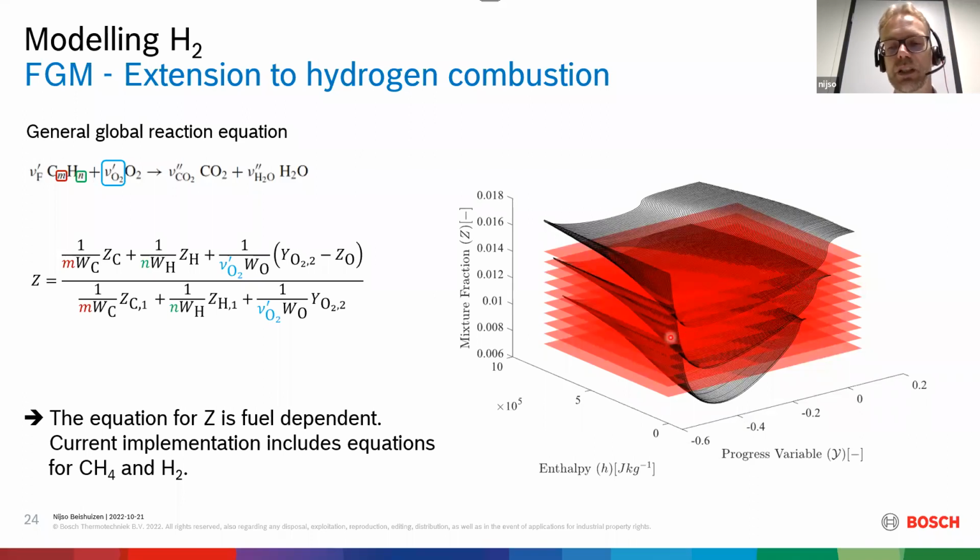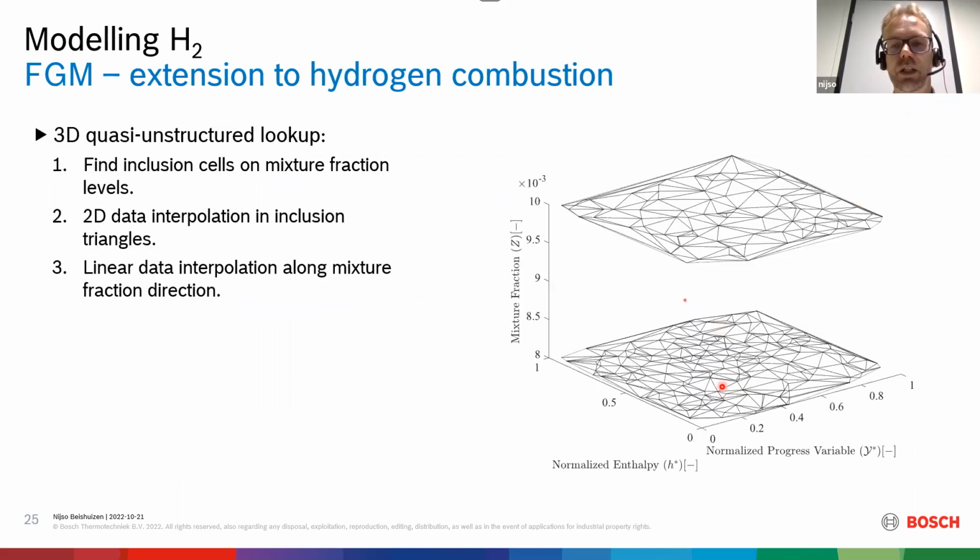And then we map these 3D manifolds back onto a series of planes with constant mixture fraction. That leads to a quasi-unstructured lookup table. So this means that our 3D approach is basically a collection of 2D tables at different constant mixture fraction levels.